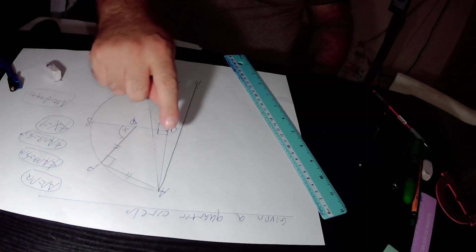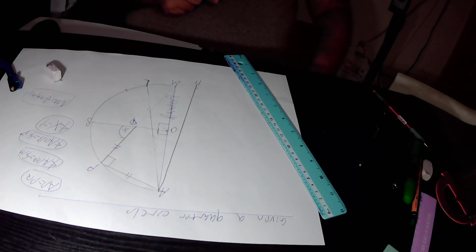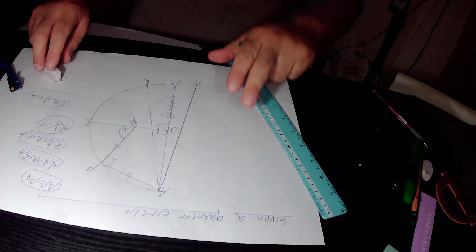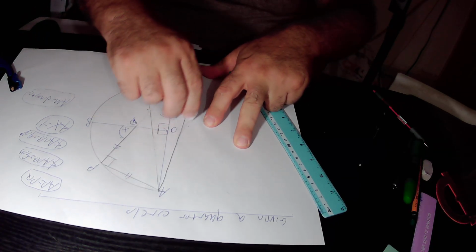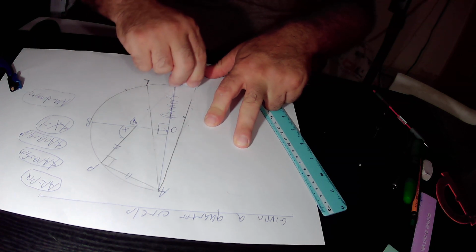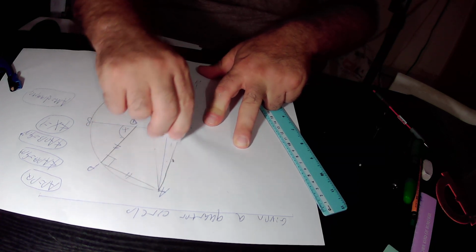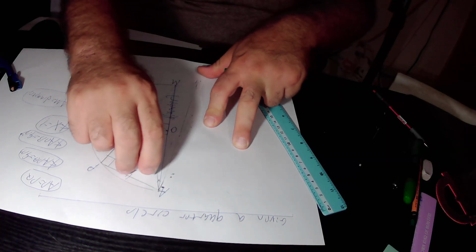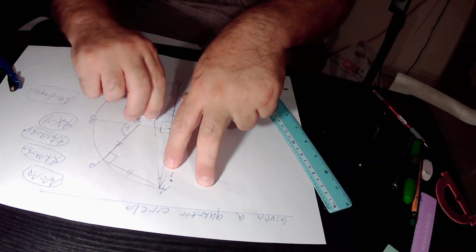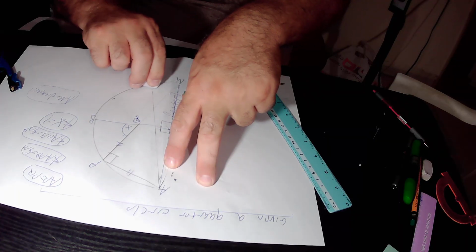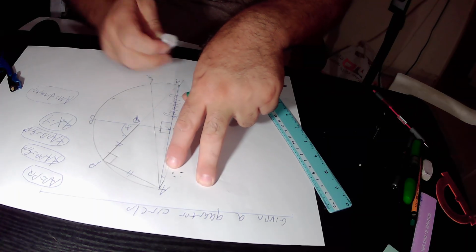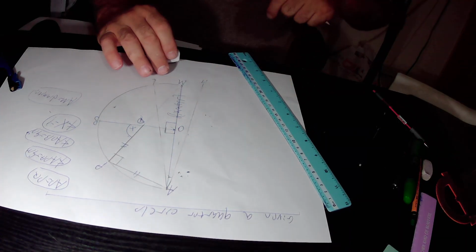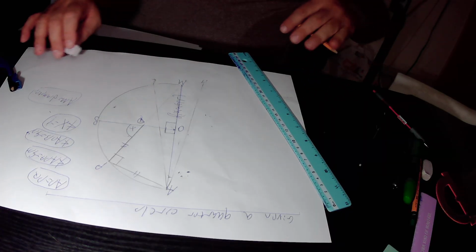So due to those two contradictions, we must conclude the extended side PQ will touch the semicircle at point M, and only at point M, and not in any other point.